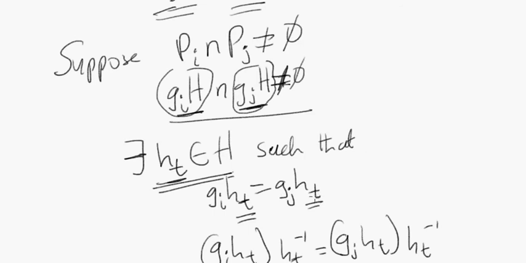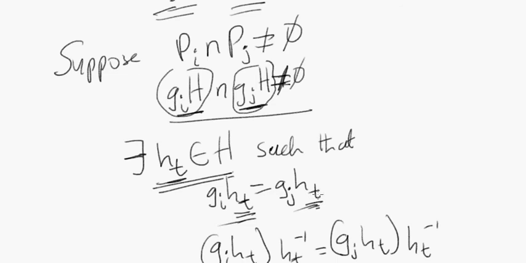Let's see. Could GIH and GJH have an element in common that's not of this form? Well, clearly not.